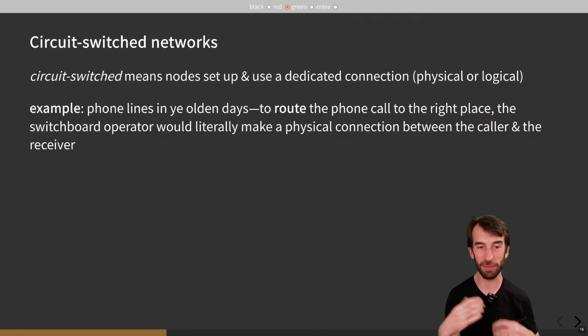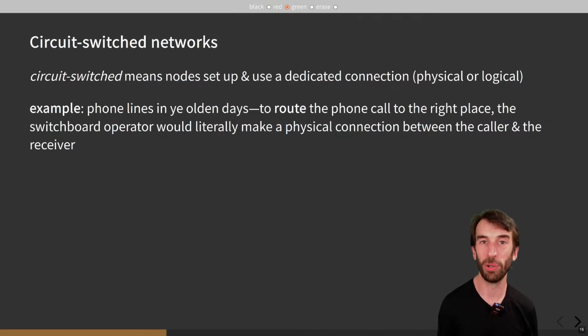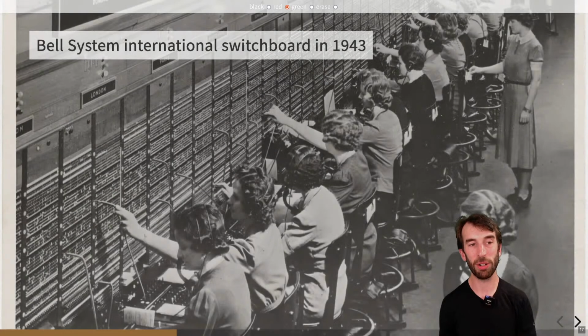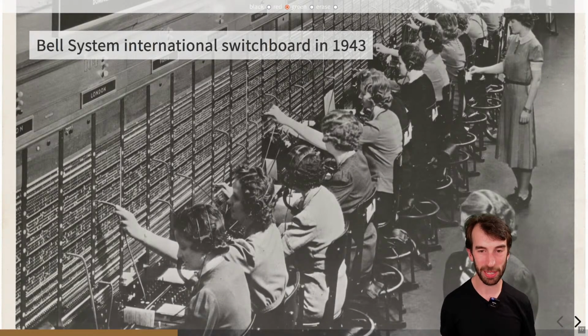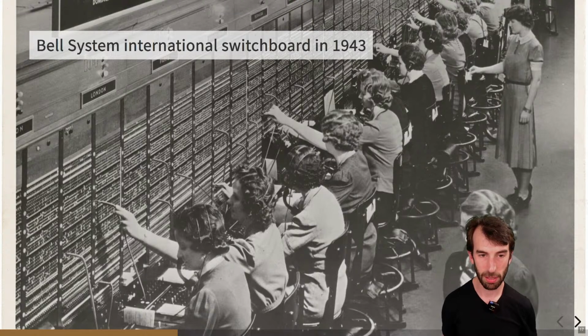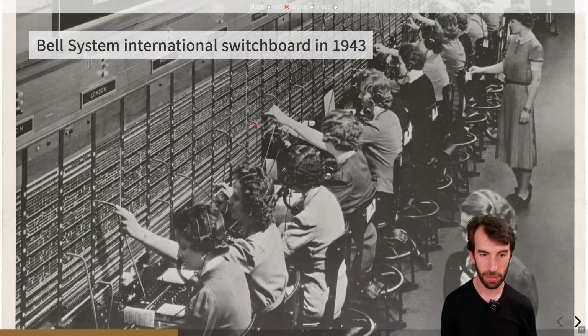So there was this idea of physical connections between callers and receivers. What's the other option? Oh, there's the switchboard. There's all of these ladies working hard. There's a little plug into one part and plugging into someone else. These are all the London lines, Paris lines. So that's going to be a hard job to get all those little plugs in the right place at the right time.